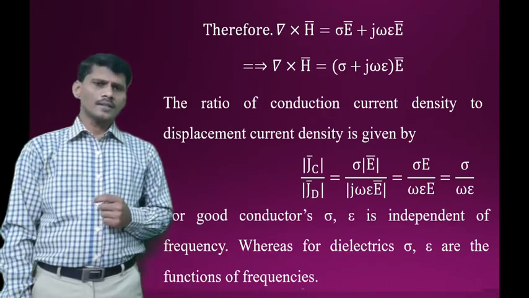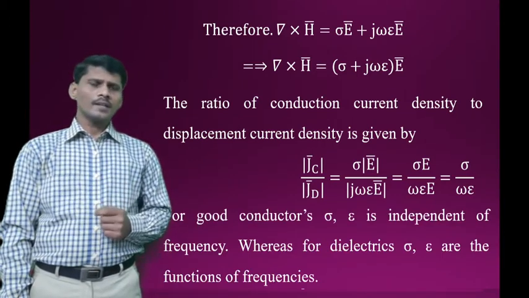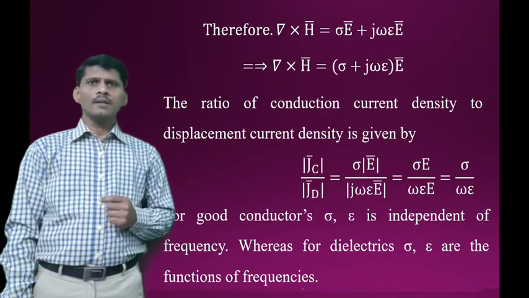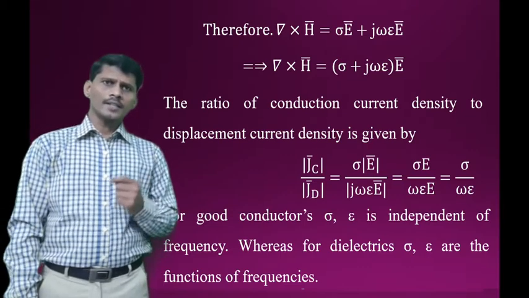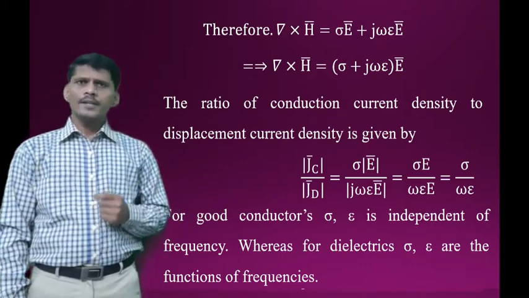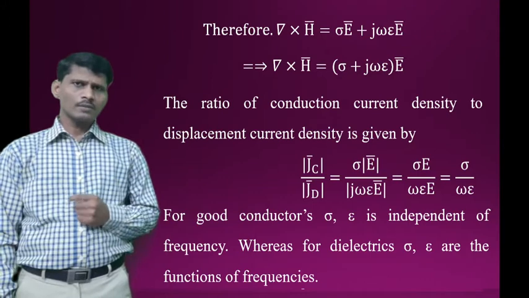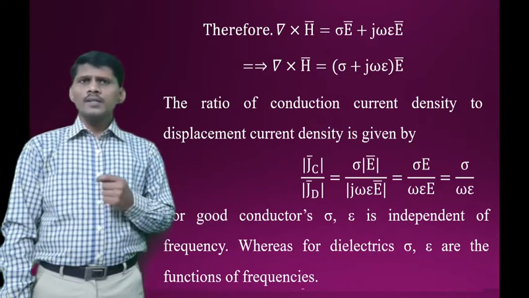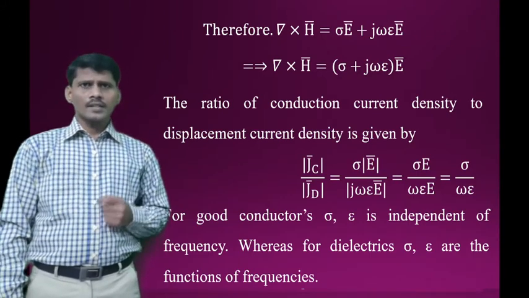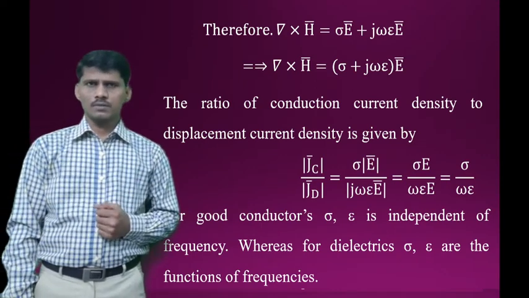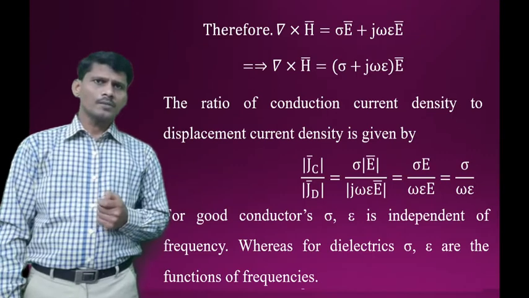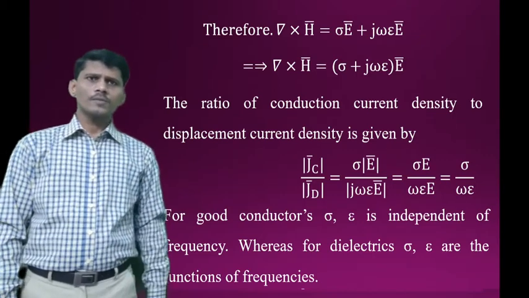For good conductors, the conductivity and permittivity are independent of frequency, whereas in dielectric materials, the conductivity sigma and permittivity epsilon are functions of frequency.